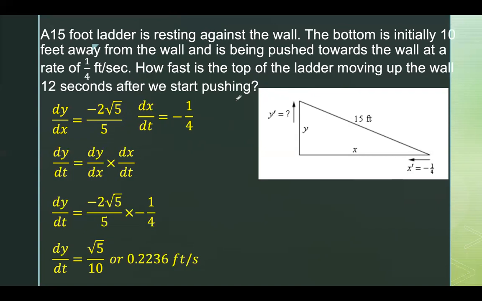This is something I didn't see, the 12 seconds here. If we are initially 10 feet away from the wall being pushed, it should be here, but now it's 12 seconds later. So we want to find the distance of x after 12 seconds.